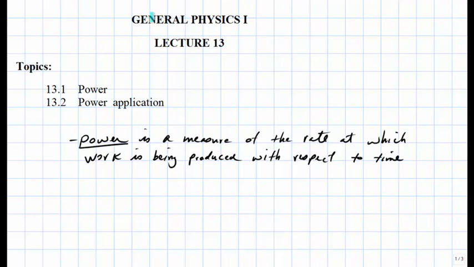And so power has two components. First of all, work must be produced, and second of all, we must consider the amount of time that it takes to produce this work.